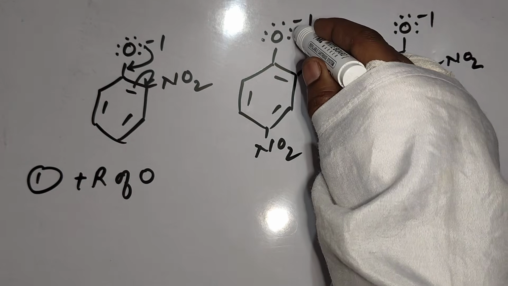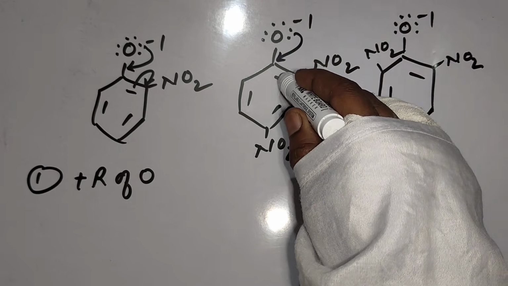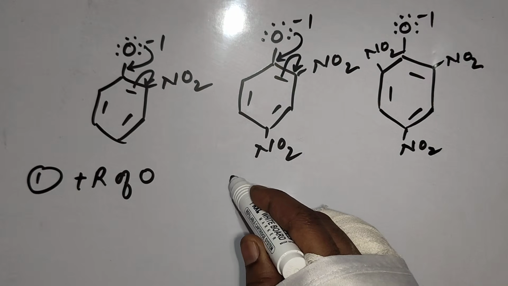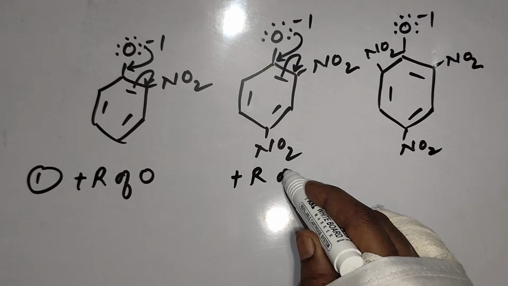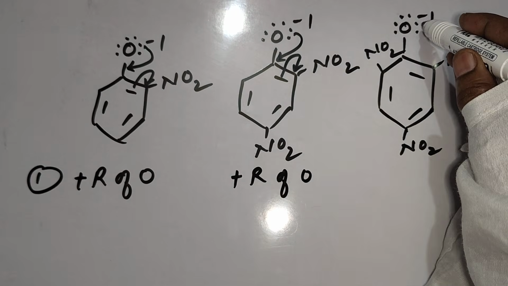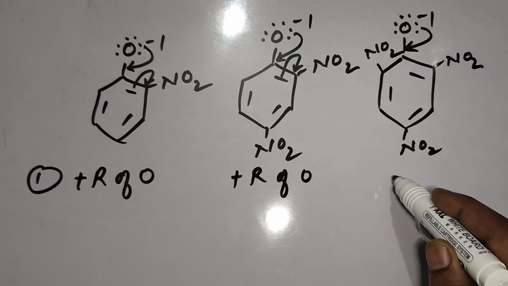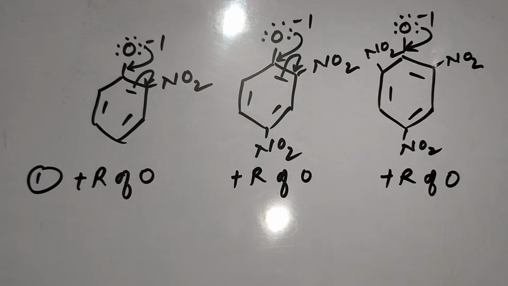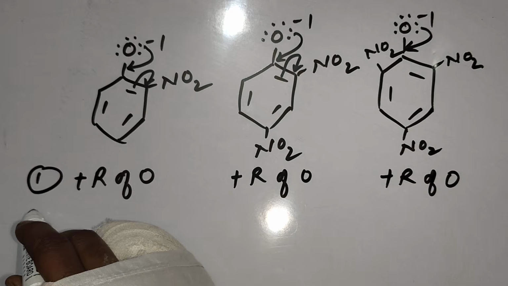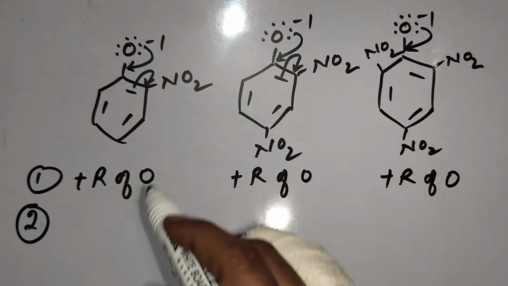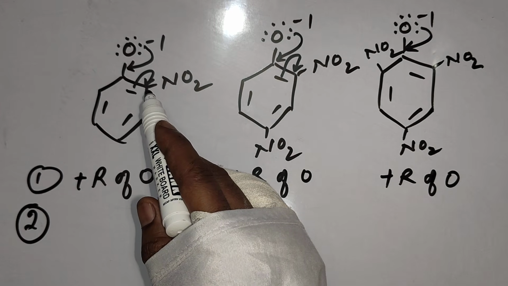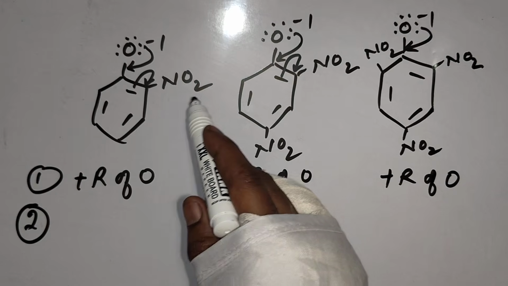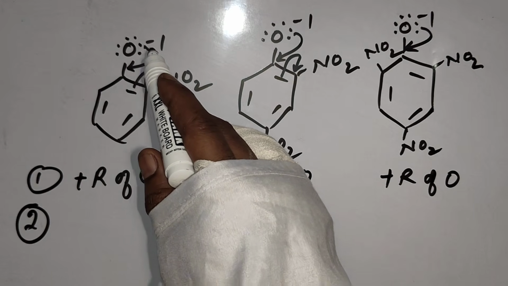This factor is also available here. This factor is also available here. So only this factor can't decide the acidic comparison or stability order. Second factor. From ortho position, you know nitro group can absorb electrons which are coming from resonance.